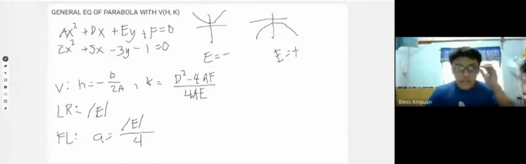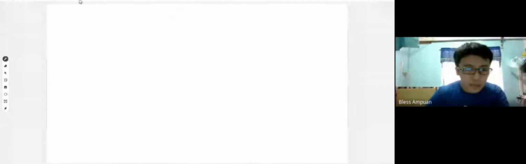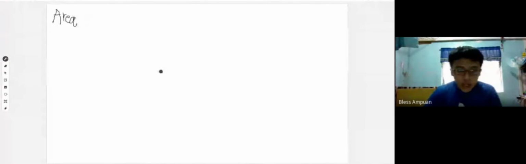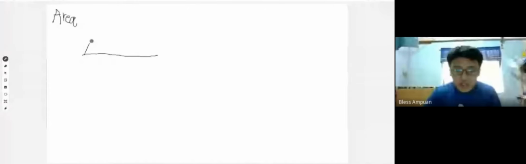So next topic is, how about if you are going to solve for the area of the parabola? Area of the parabola. So ang kanya formula is, kung yung na-form na sugad sini, area of parabola, so this is your point, this is your point, this is our base, and then this is our height, this is our h.